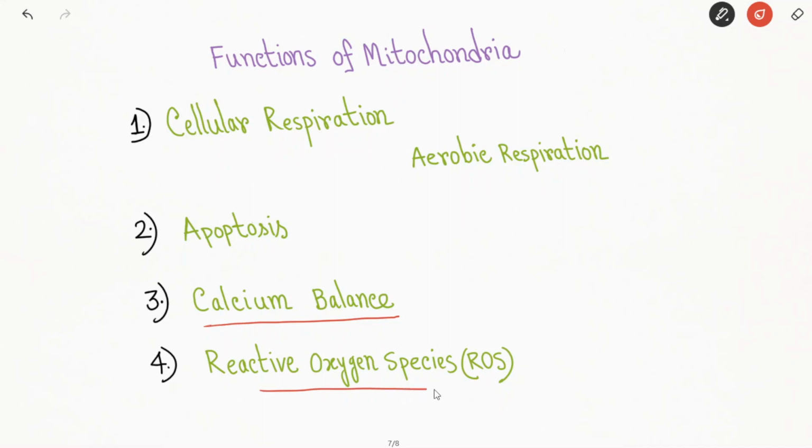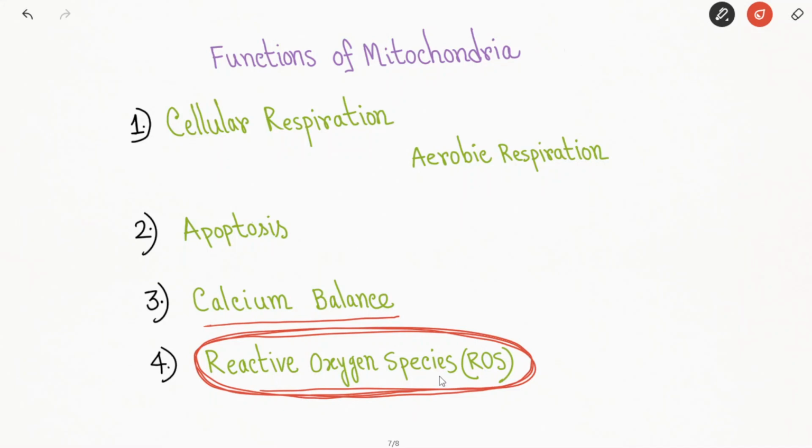This is harmful for our body. If we have a lot of reactive oxygen species, it is going to harm the cell. We'll learn it later, but right now remember that mitochondria can form reactive oxygen species, which are harmful for our cell.